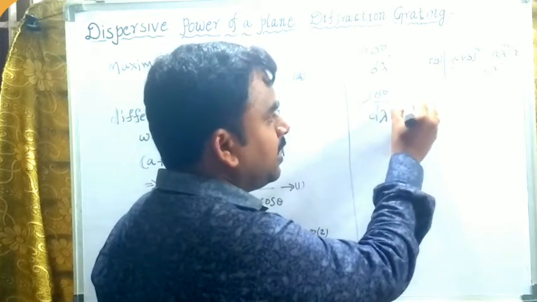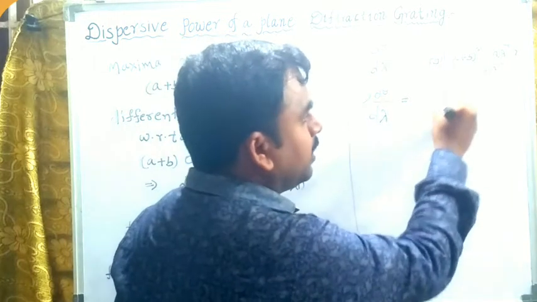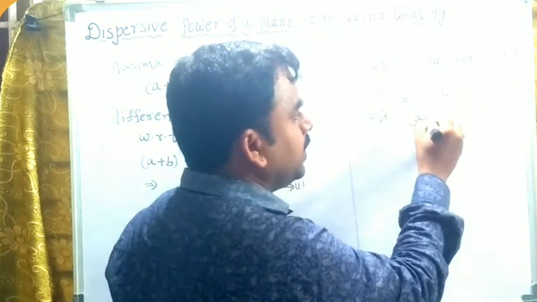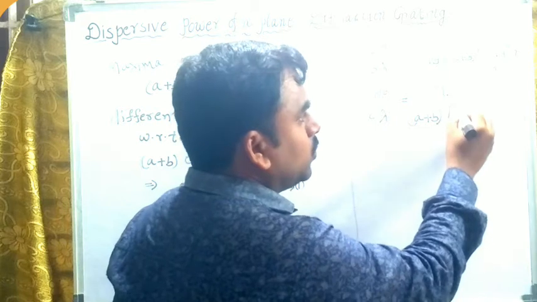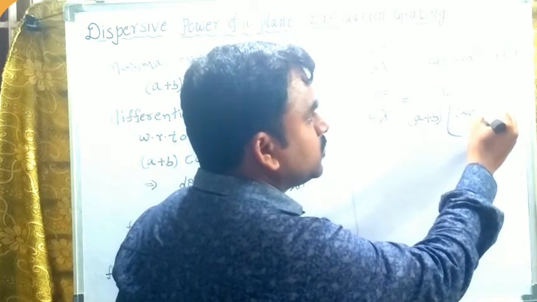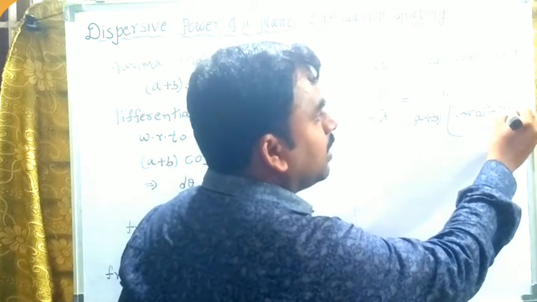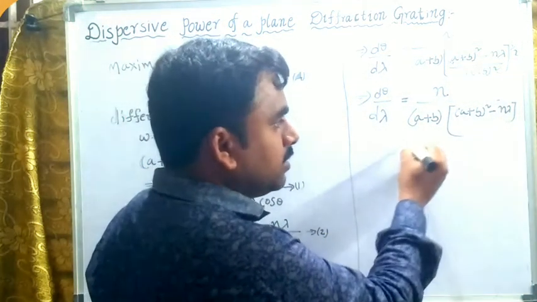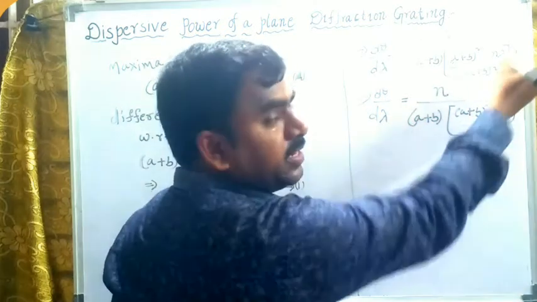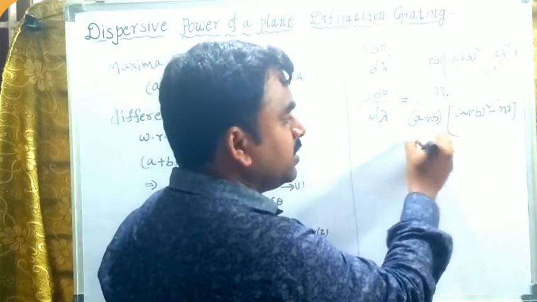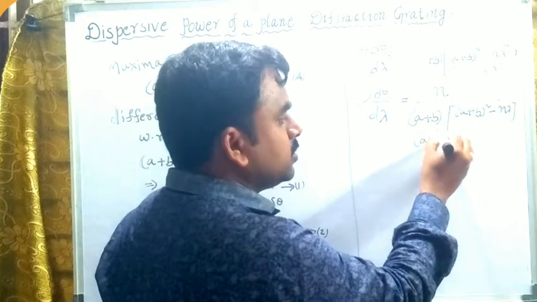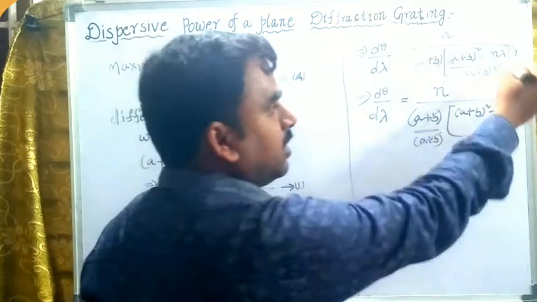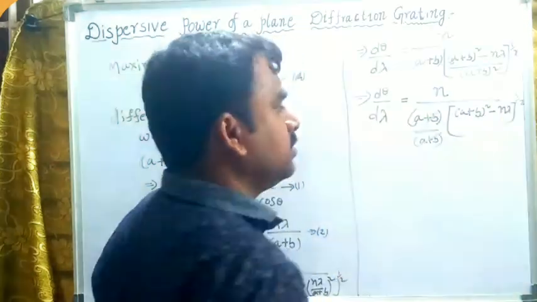That implies d theta by d lambda equals n by (a plus b) into root of ((a plus b) whole square minus n lambda whole square). And this one we are taking outside, that becomes (a plus b). Suppose (a plus b) cancels, and the power 1 by 2 is also there.